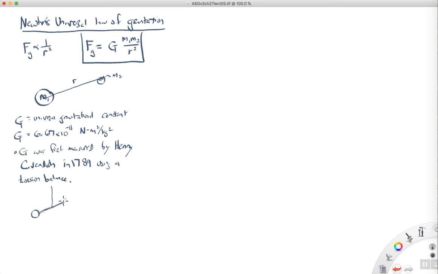On the other end is just a counterweight, like a little vane or something, like a little feather. So this is, imagine like an arrow hanging from a string with a mass on one end. And then there's another ball right here that's hooked up to a couple of straws that are fixed into a stand like this. And one can use this to measure the attractive or repulsive force between two objects.